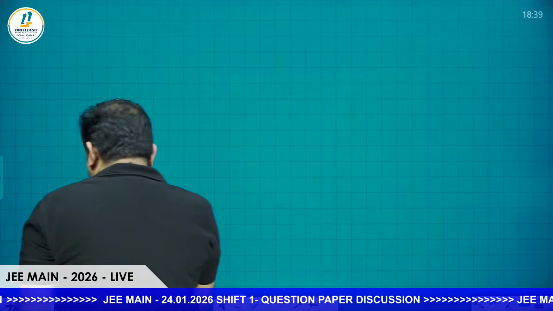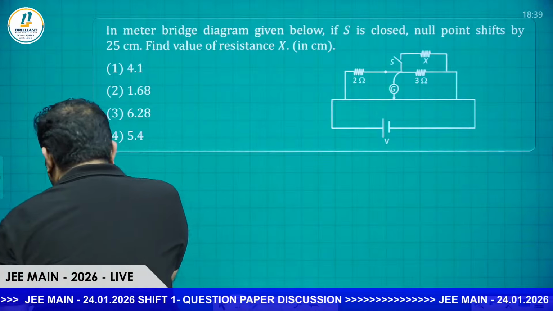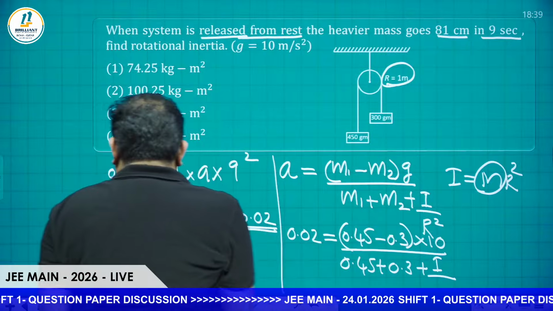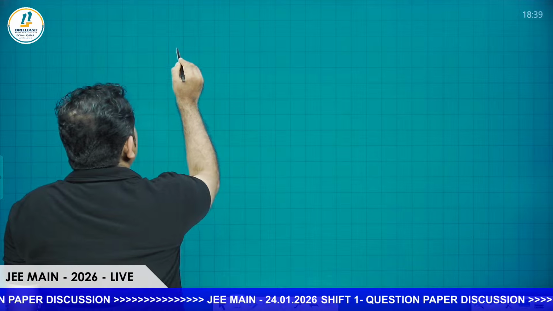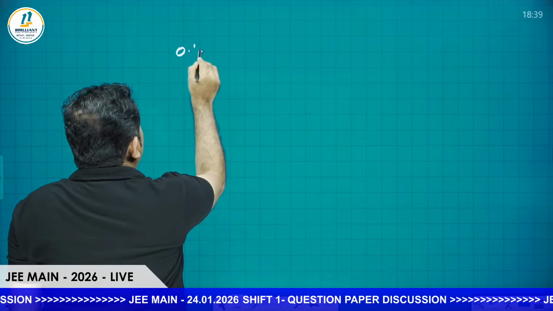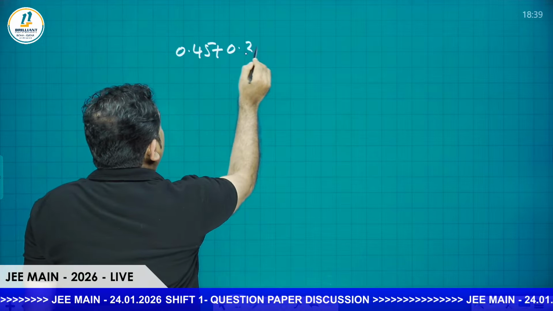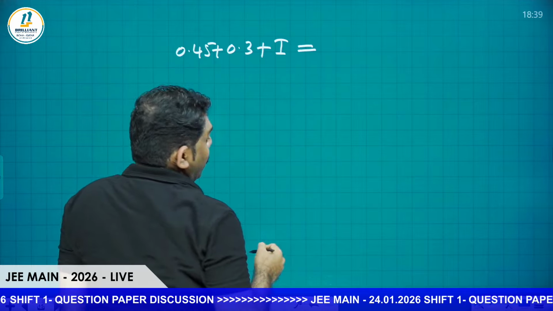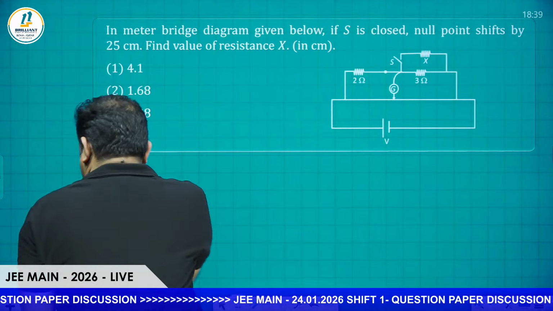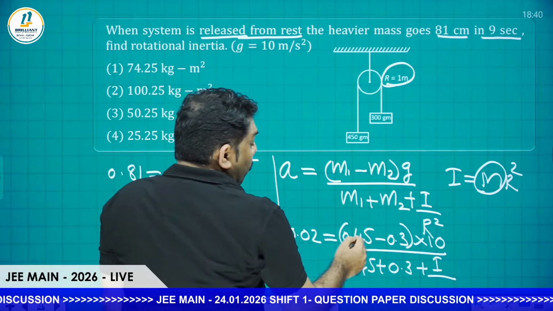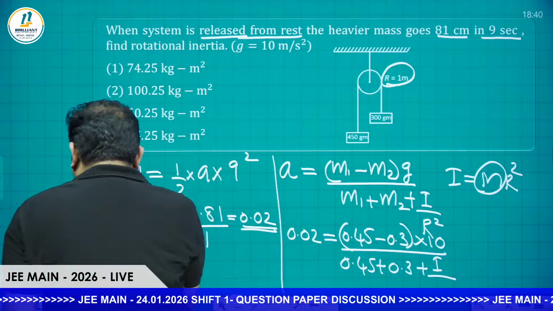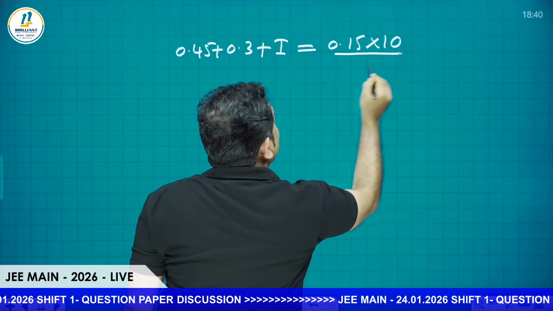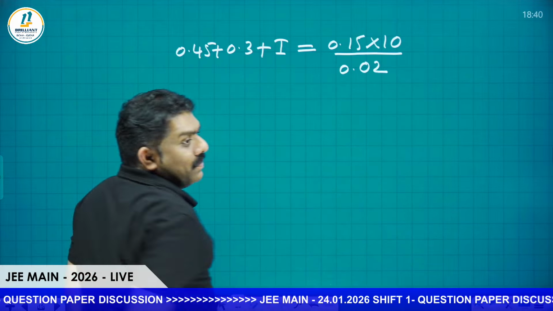Here you see the point correctly: this term 0.02 I am taking down, and then 0.45 plus 0.3 plus I is equal to the numerator, 0.45 minus 0.3, that is 0.15 into 10, divided by 0.02.